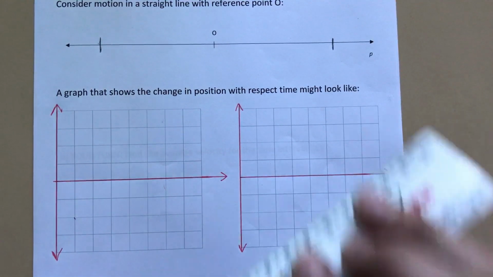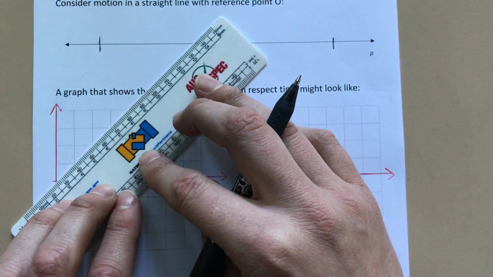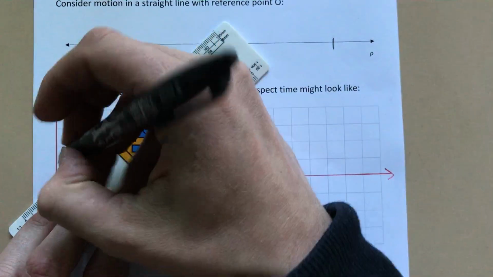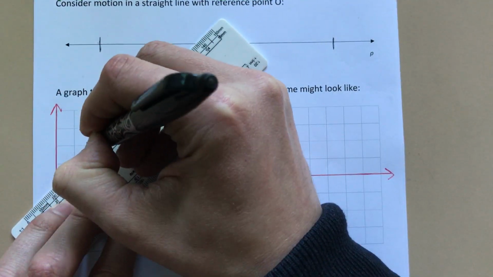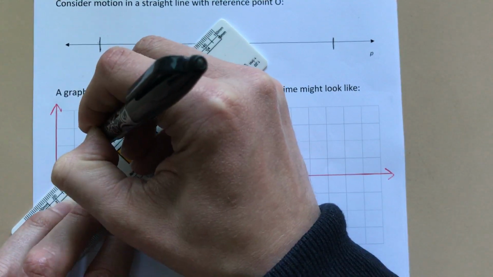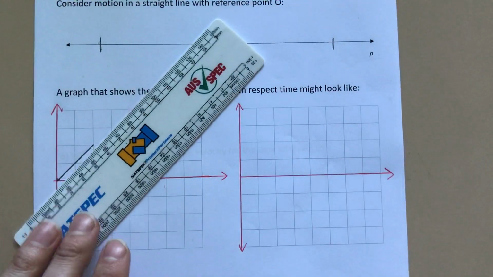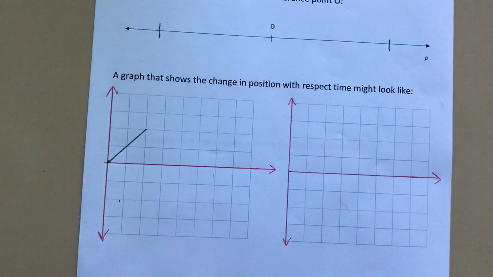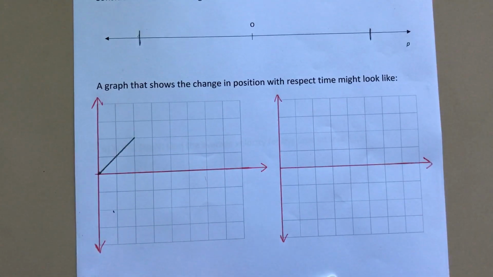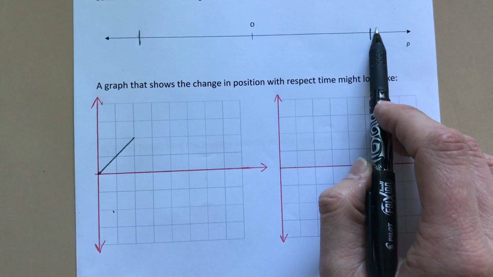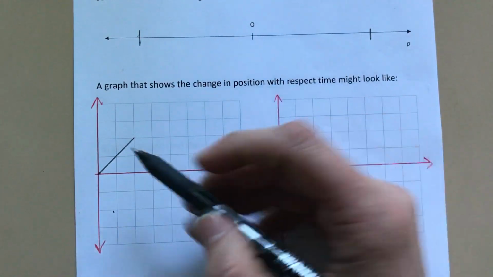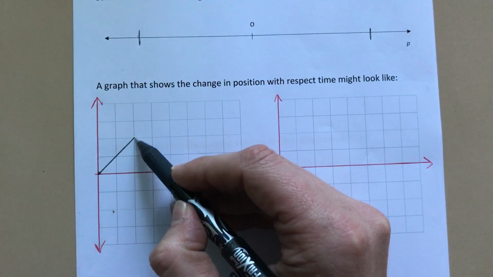The first type of motion that Reese was taking, he was walking at a constant speed until he hit the end of that first table. Okay, and so that constant speed, because it is constant in that sense, it's going to be a straight line. So that first bit walking forwards, he's walking in a positive direction away from his center point, and so it's at a constant speed, it's in a straight line.